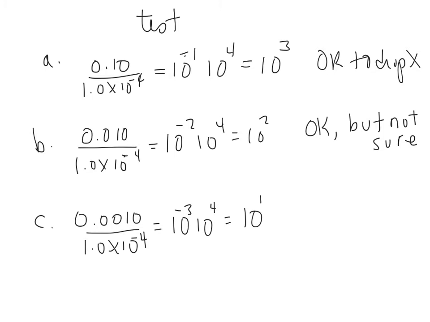So this is 10, and this number is less than 100, so it is definitely not okay to drop the x. That's the rule I gave, and now on the next page we'll start the details of the analysis for the three solutions. So we're going to do both ways.